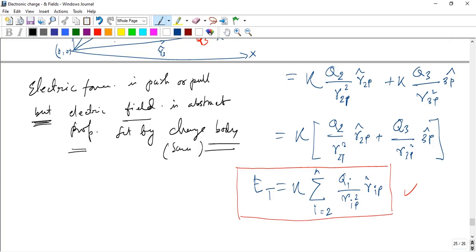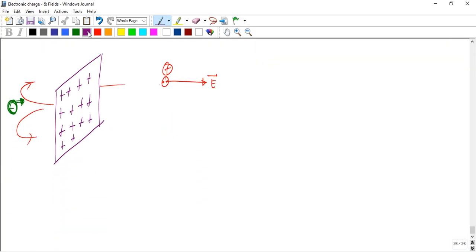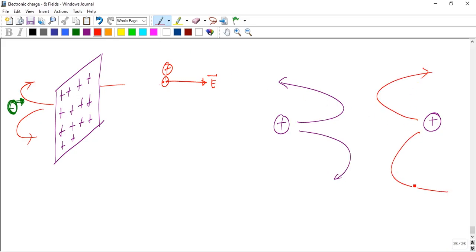Electric field has electric field lines. We know that. If I take an example, a positive charge and here is another positive charge, the field lines look like this, because that is a positive field.